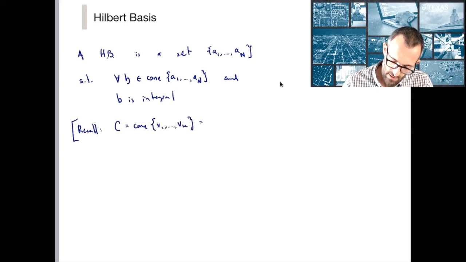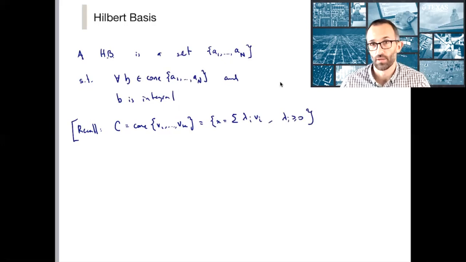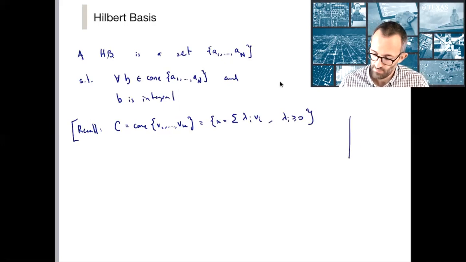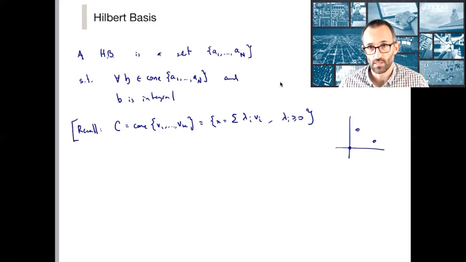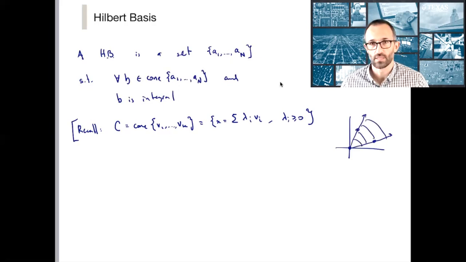This is the set of all vectors x, which equal the sum of lambda i vi, where lambda i are just required to be non-negative real numbers. If you draw it, the cone always contains 0, because lambda i equals 0 is in here, and it allows me to take convex combinations and scaling, so this is why it's called a cone.